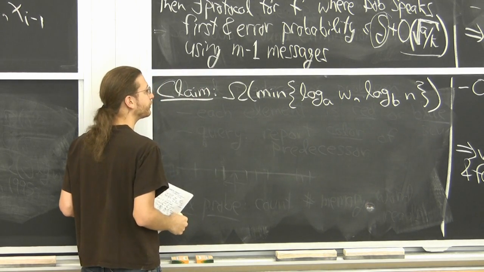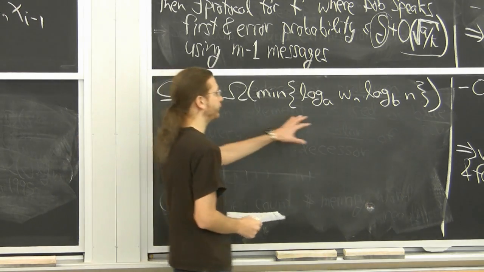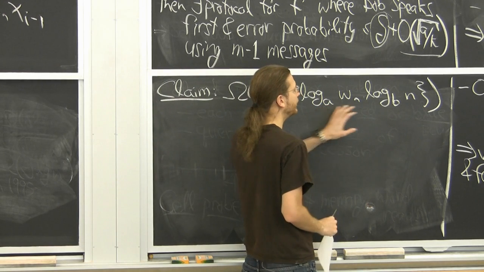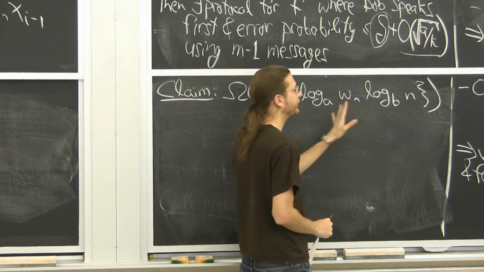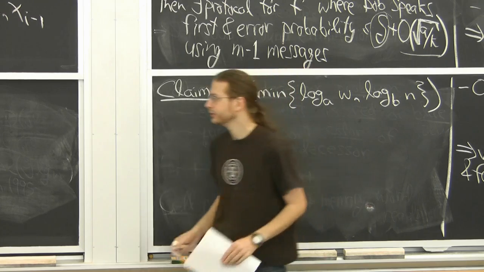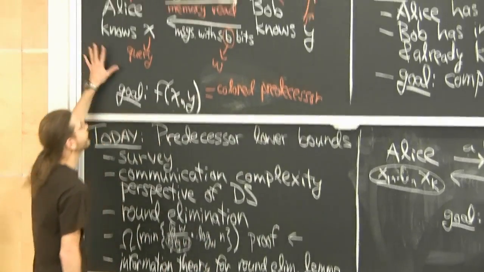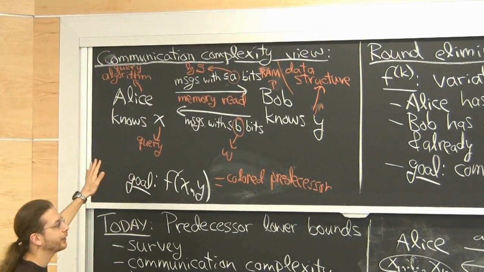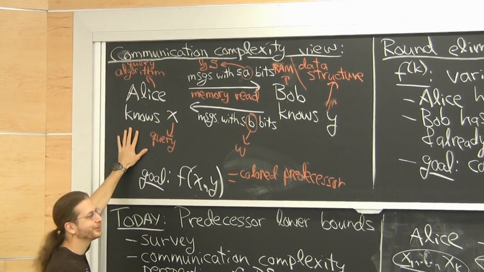This is the lower bound we're going to prove, and it's nice and symmetric. Log base a of w, log base b of n. This is kind of perfectly symmetric in Alice and Bob. Apparently Alice represents w.